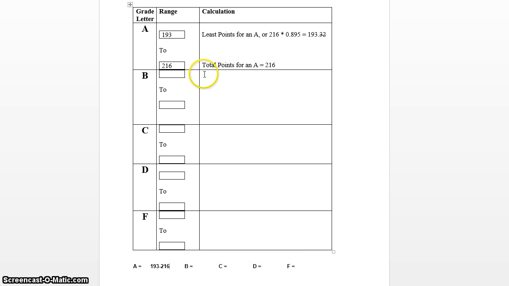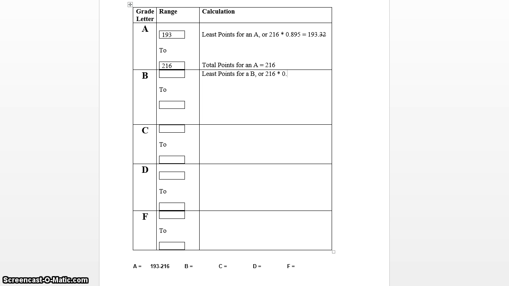So I'm going to set this up while you're on pause. I'm going to actually go ahead and do it in front of you. That's the point of this, right? So least points for B would be something we need to calculate. That would be the total of 216, that's your total possible, times 0 point, can you guess what it is?